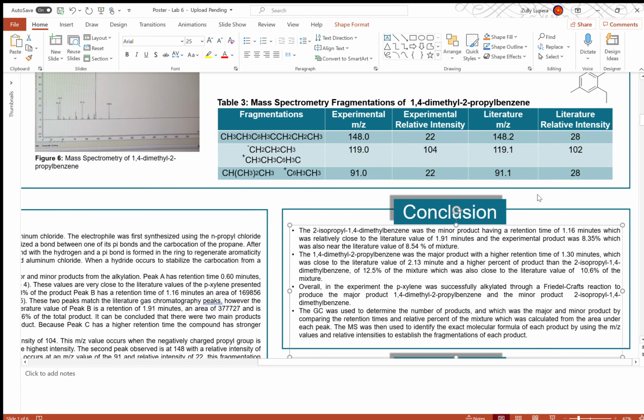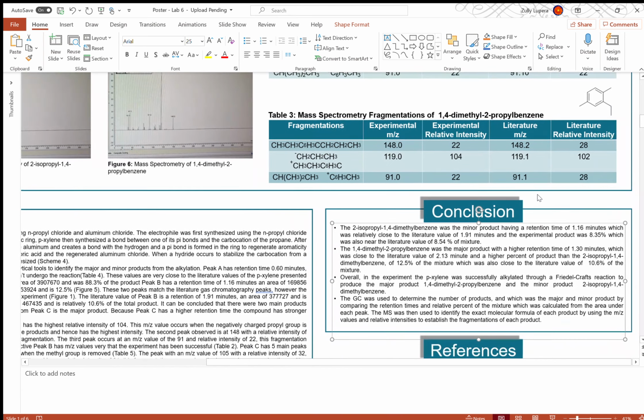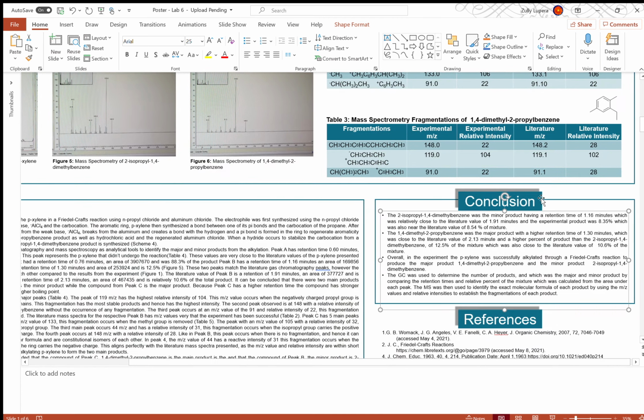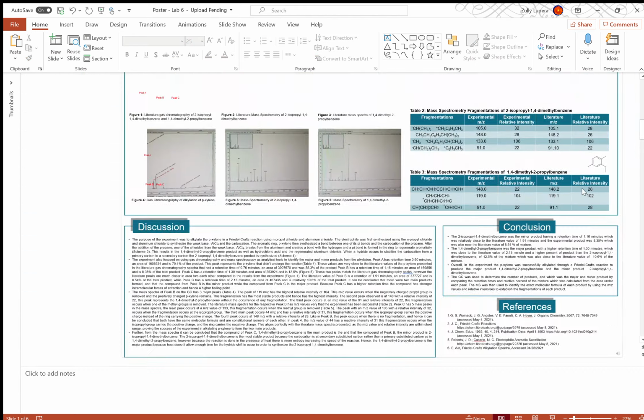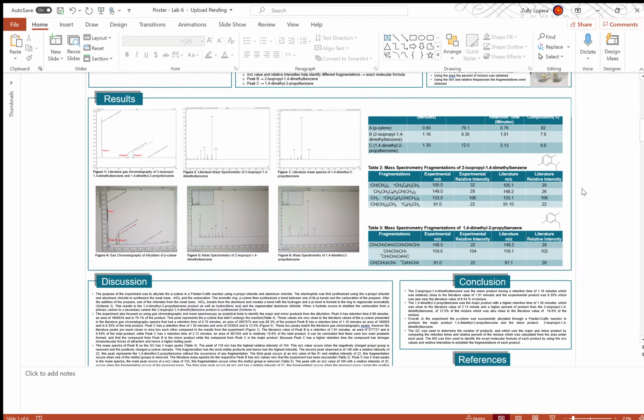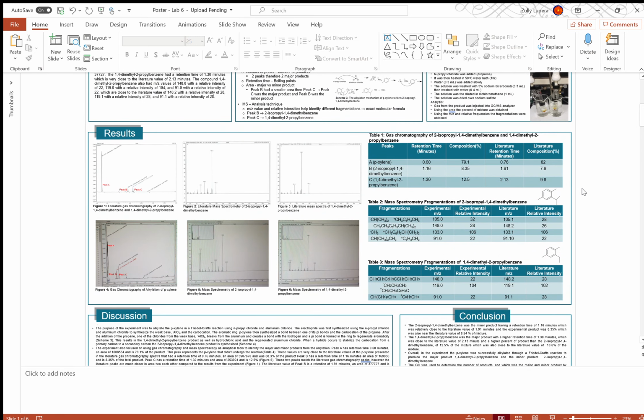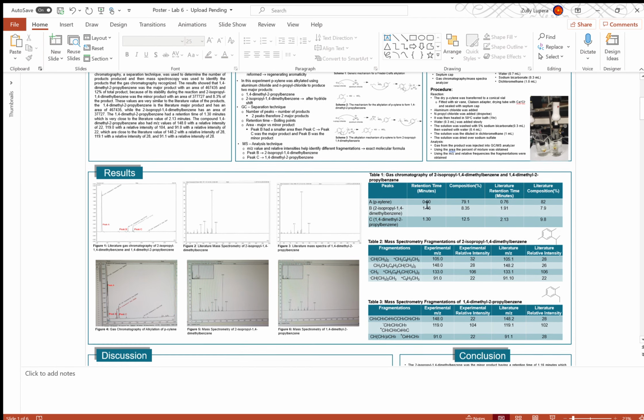of each product. And therefore we were able to conclude that peak B was the minor product, which was 2-isopropyl 1,4-dimethylbenzene. Peak C was the major product because it had higher composition, and that product was 1,4-dimethyl-2-propylbenzene.